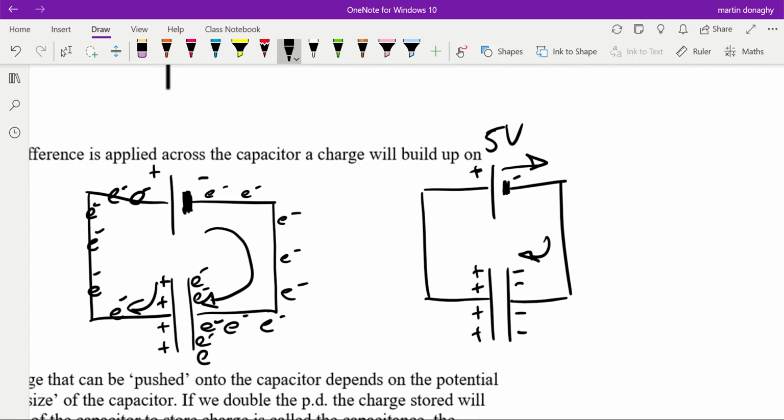So our capacitor will keep gaining charge until the voltage here cancels out the voltage here. The push from our power supply is cancelled out by the electrostatic repulsion of the buildup of charge on the capacitor, and then it balances out. At that stage we would say the capacitor is fully charged. Okay.